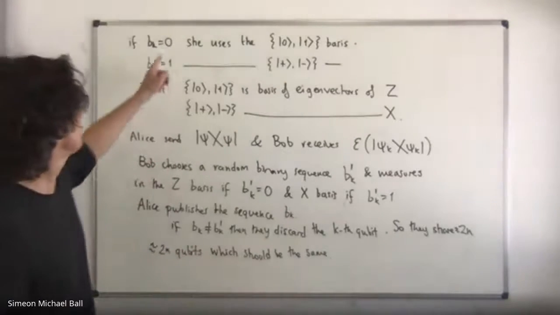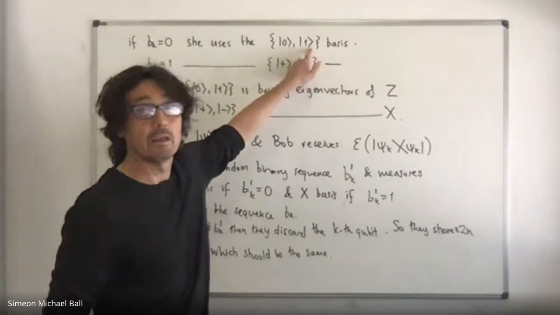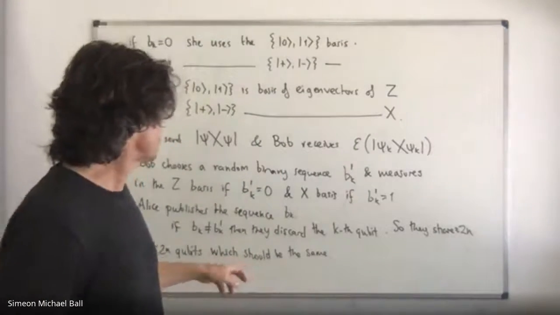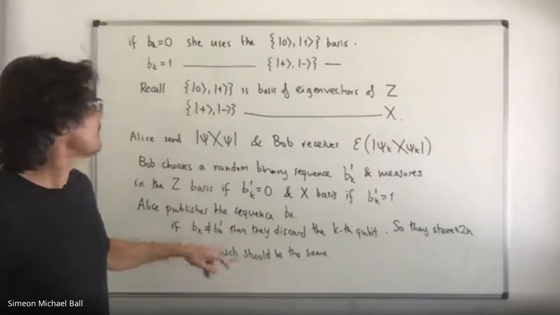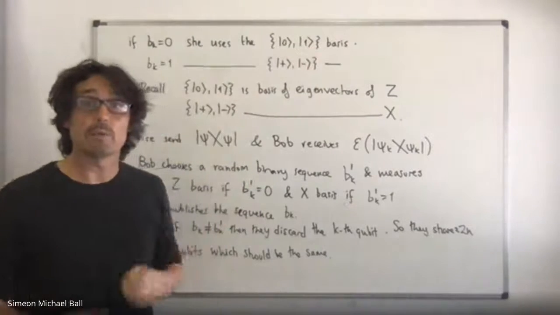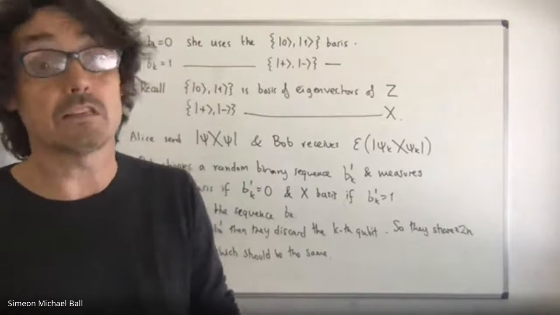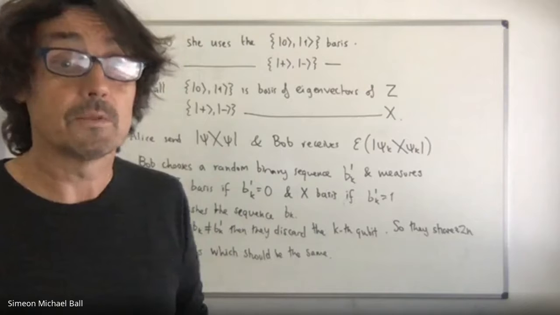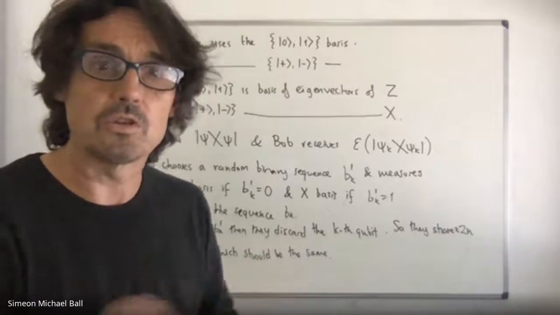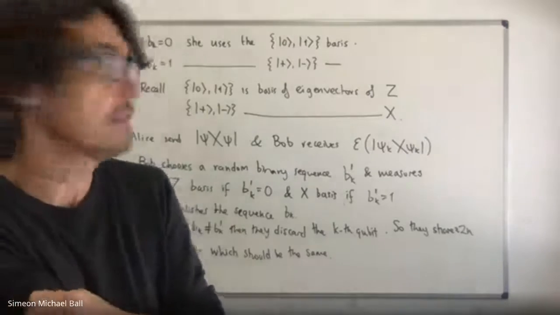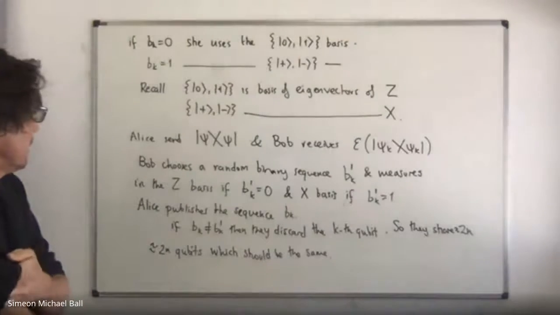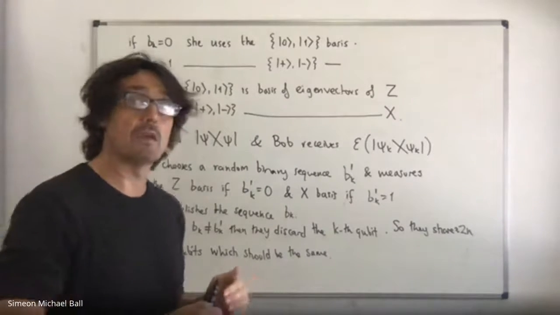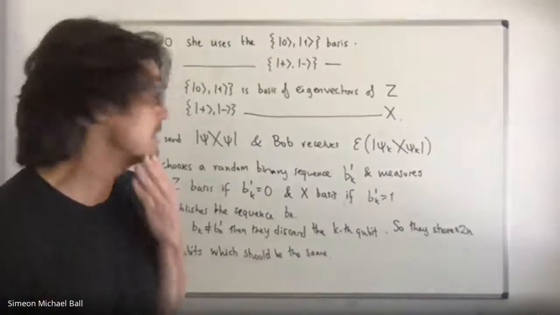If the basis was 0, then she prepared them as 0 or 1. It got sent through the channel, and then Bob measured. If his B_k dash is also 0, he measured with respect to that 0, 1 basis, so it should be the same, unless a bit flip error has occurred. So suddenly it's been put into a superposition in which the probability that it measures 1 has been amplified too much, so that it then accidentally collapses to 1.